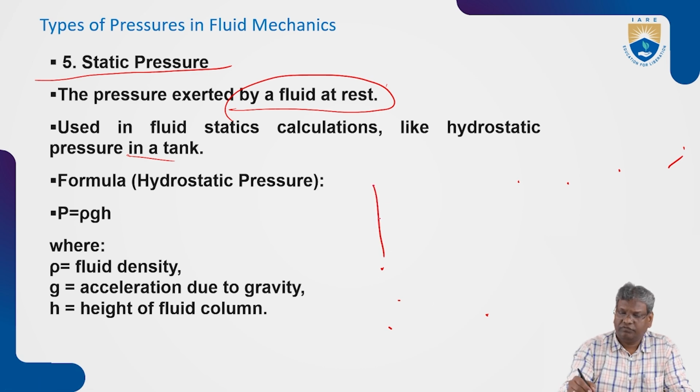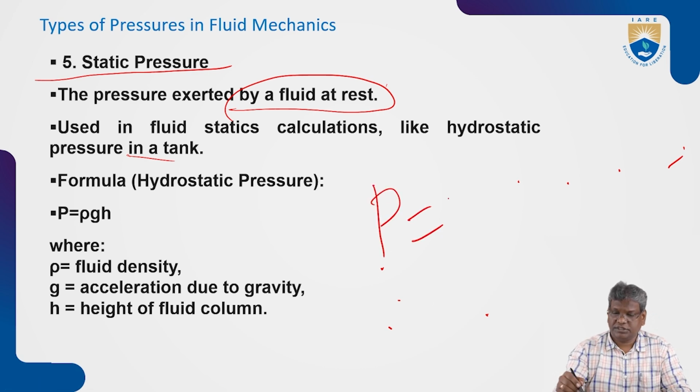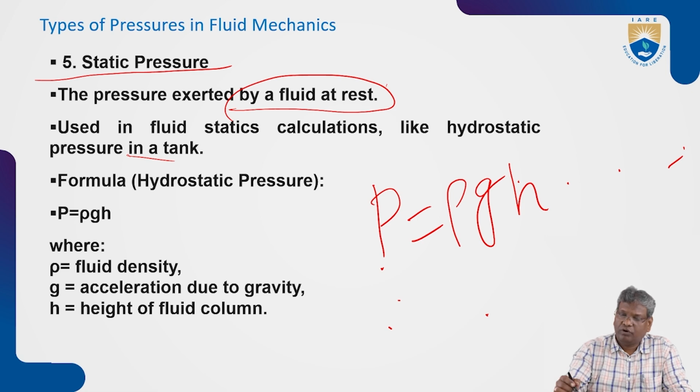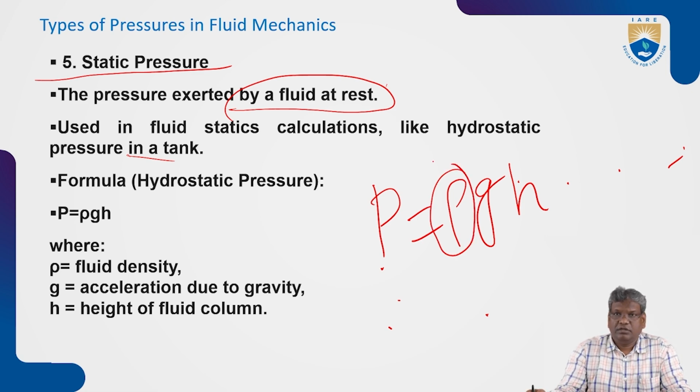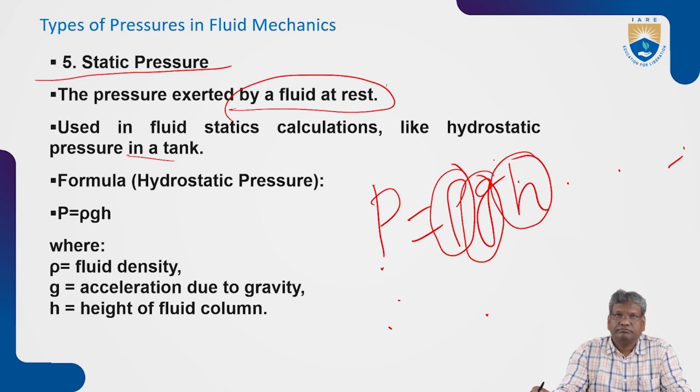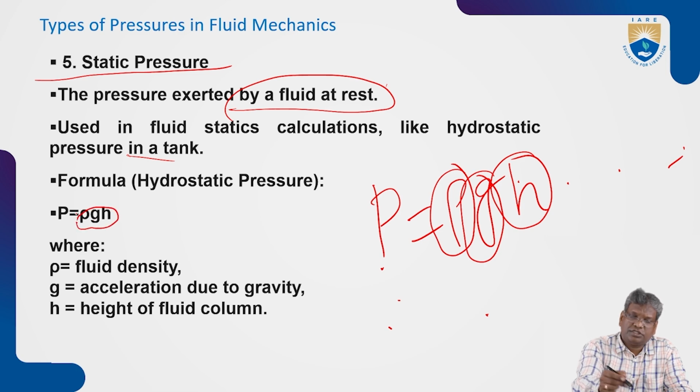The basic formula for static pressure is rho g h, where rho is the density of the fluid, g is acceleration due to gravity, and h is the height of the fluid column raised inside a manometer. So static pressure can be written as P equal to rho g h.